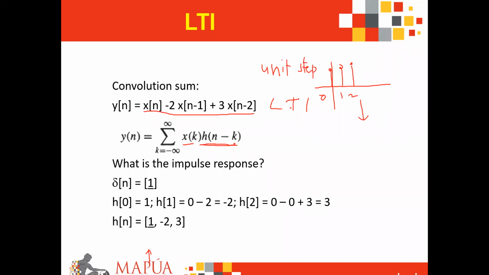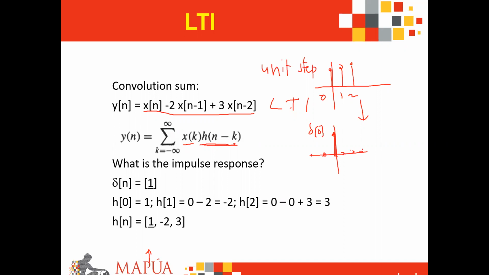And I could easily break this down into like a delta function at 0, which is, what is the delta function? It's 1 at this value and 0 everywhere else.